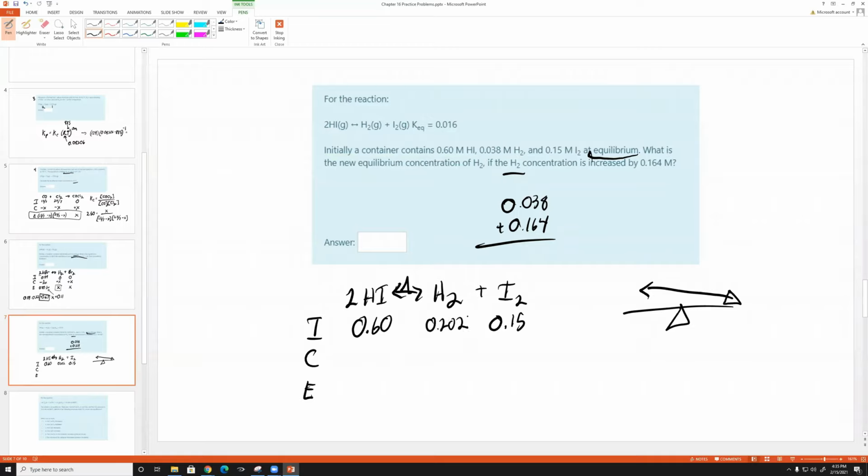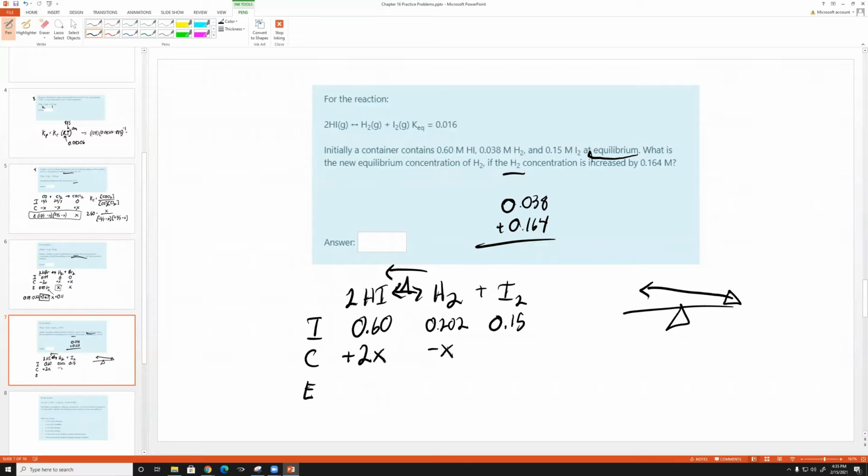So now for the change, remember, we're going in the reverse reaction because now we have more products than the equilibrium constant requires, because we heavily stack the product side with more H2. This means the reaction will go to the left, which means the change in HI, which is a reactant if you talk about the forward reaction, but since we're talking about the reverse reaction, it is now a product, and it will increase by plus 2x.